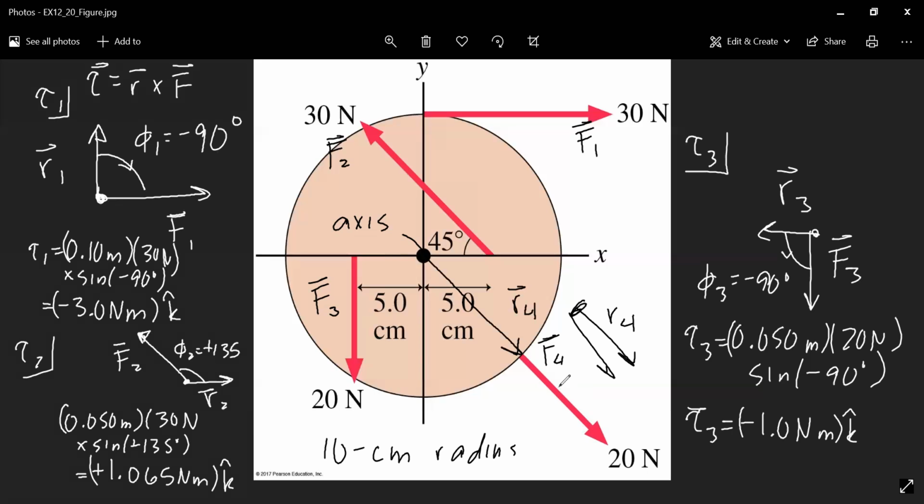And so those are different examples of when we would calculate a torque. All 4 forces exerted different torques about the axis through the center of this wheel. A couple of comments are that the torques might change if you change the axis.